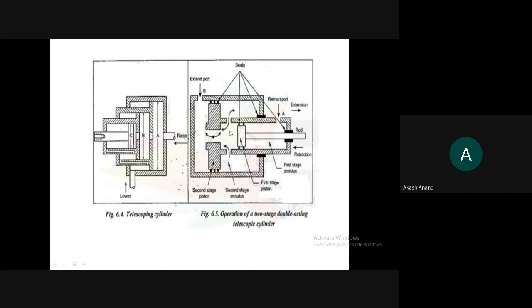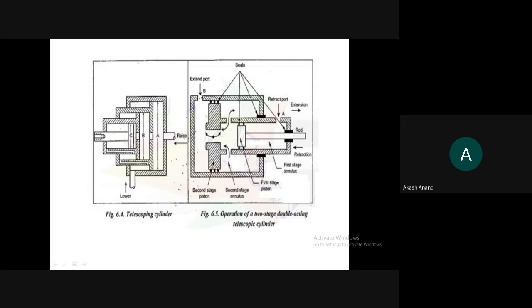If the magnitude of pressure is at a certain value, the second stage piston will not move. For moving the second stage piston, imagine the pressure must be nearly 600 bars. I said this much pressure should be exerted for the second stage piston to move.